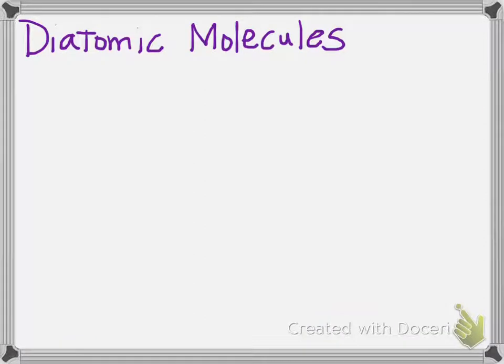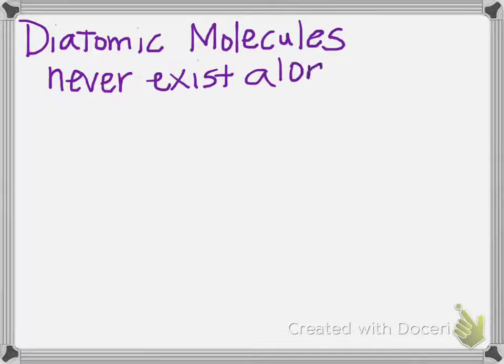Our next item for review is our diatomic molecules. This is part of what you've been memorizing. These molecules never exist alone. They're always in a compound. Oftentimes they'll be in ionic or molecular compounds, but if they're all by themselves as an element, they aren't by themselves.